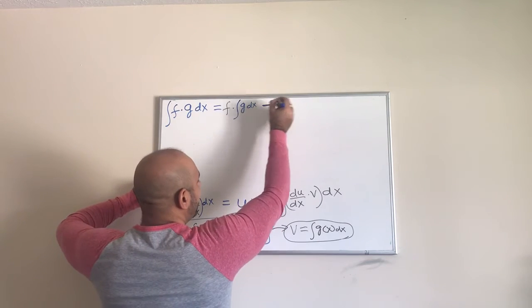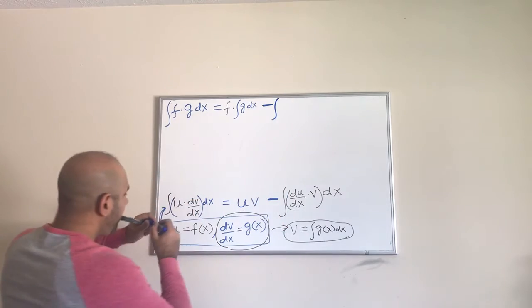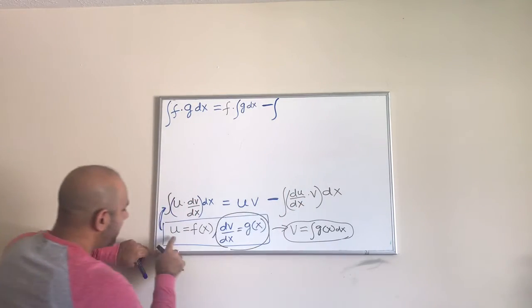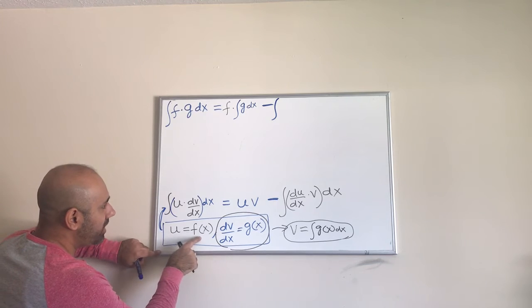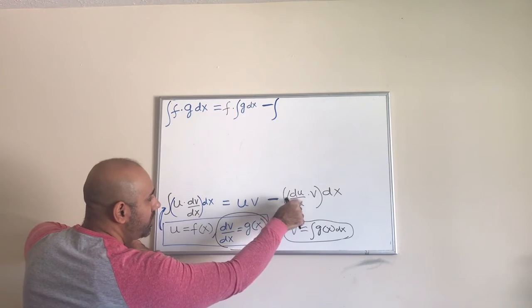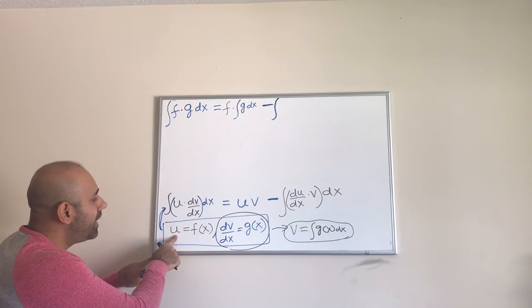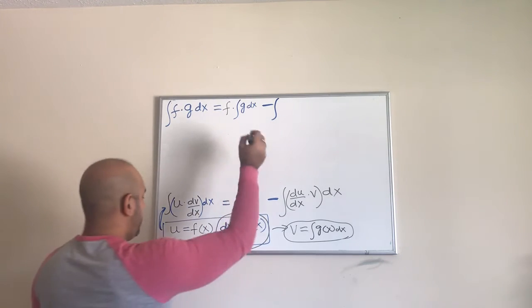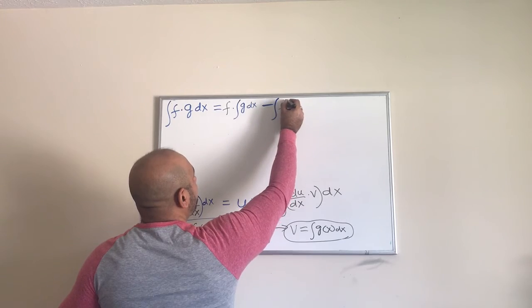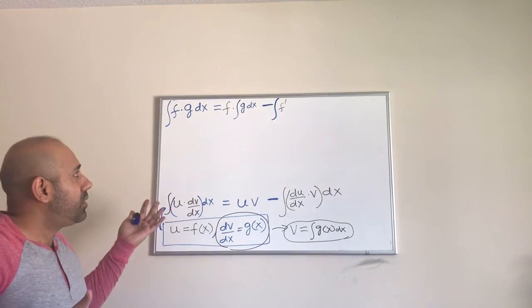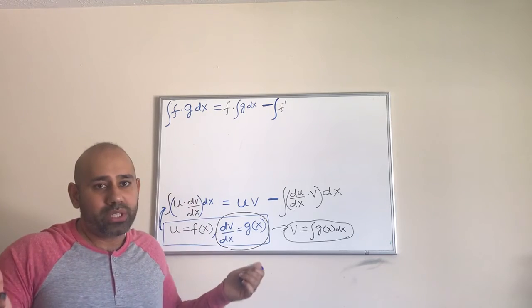Then minus integral, guys, let us look at this carefully. du over dx: I already have u equals f of x. So to get du over dx, I have to take the derivative of this function, and the derivative I can write as f prime or df over dx. It's up to you. Just to save some space, I'm using primes.